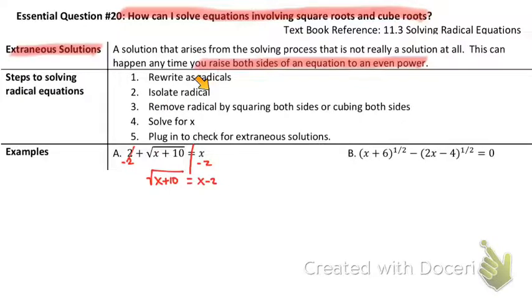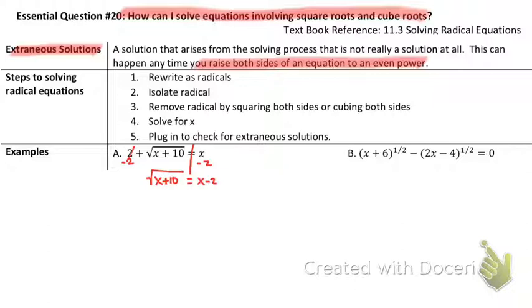Step 2 is complete. Now we want to remove the radical, and that depends on what type of root we have. Right now we have a root of 2, or a square root. To get rid of the root of 2, we are going to square both sides. Remember, powers of 2 get rid of roots of 2, but what you do to one side, you do to the other.